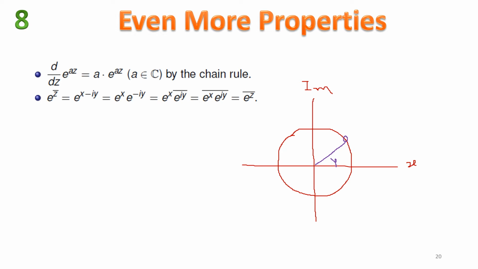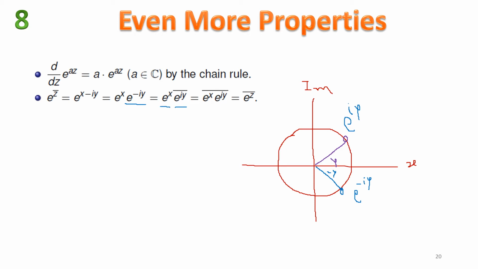And then we are interested in locating minus y, the same angle below the real axis. So this forms a complex conjugate. So this is e to the i times y, and this is e to the minus i times y. So they are complex conjugates. So here e to the minus iy we can write as the complex conjugate of e to the iy.